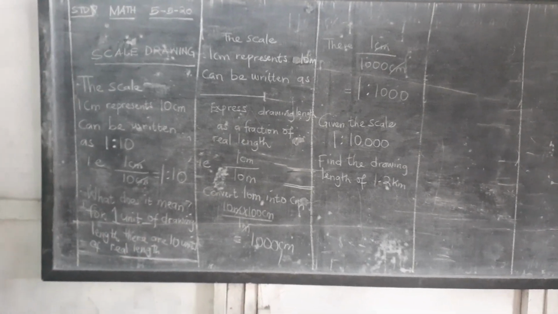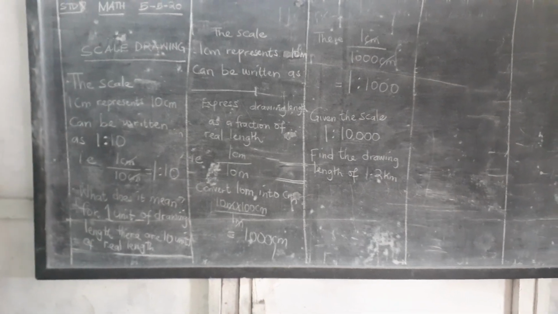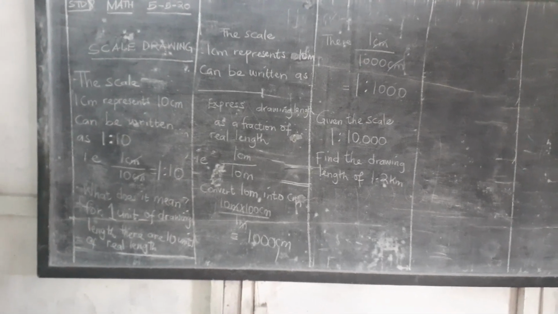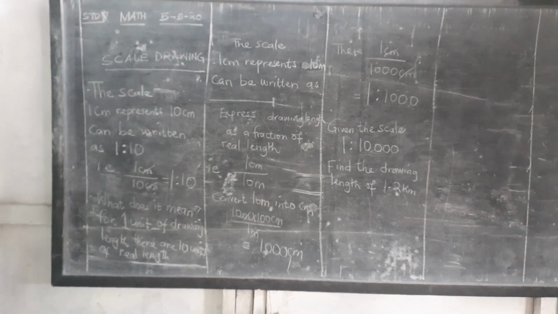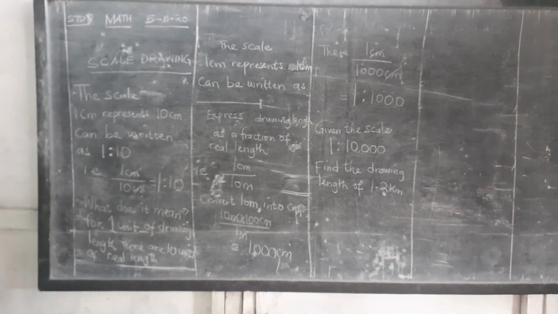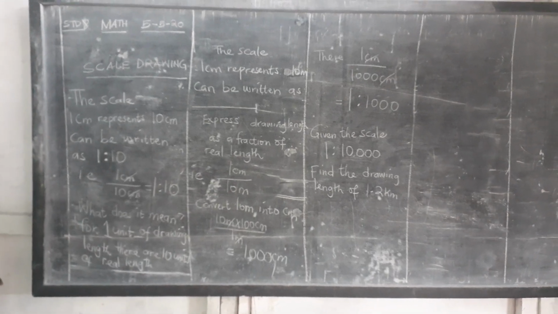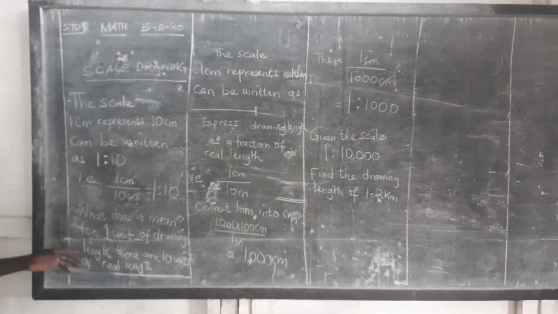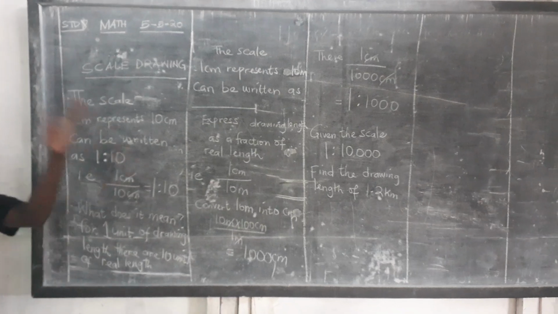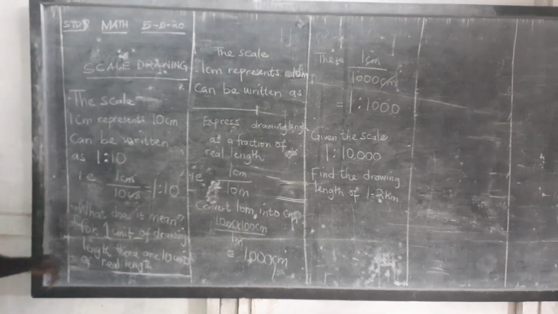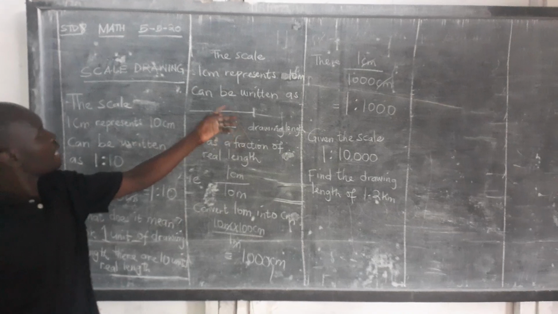As I told you earlier, scale drawing is an important area which is used in different areas. If we draw a unit on the paper, this will represent 10 units on the real ground.